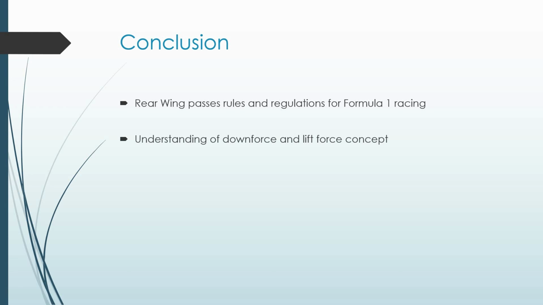So this design of our rear wing will be able to be applied on the rear of the car. And after doing all this, we have a deeper understanding of what makes a Formula One car, and more understanding of the downforce and lift force concept for everyone, as we had to run through all the calculations and also the simulations.